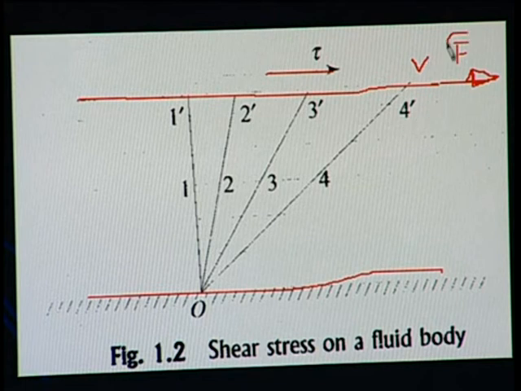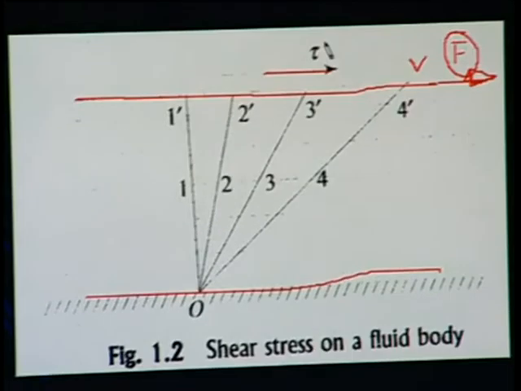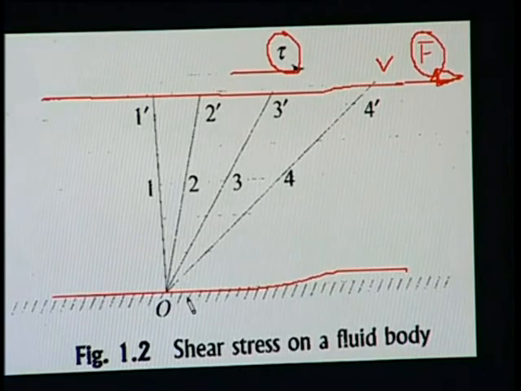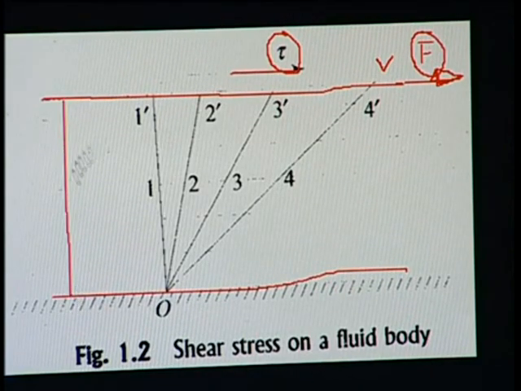So, this force at the upper plate divided by the tangential area is known as shear stress. Lower plate is kept fixed. In between these two plates we have a fluid. Now, we know that fluid can't resist shear stress.